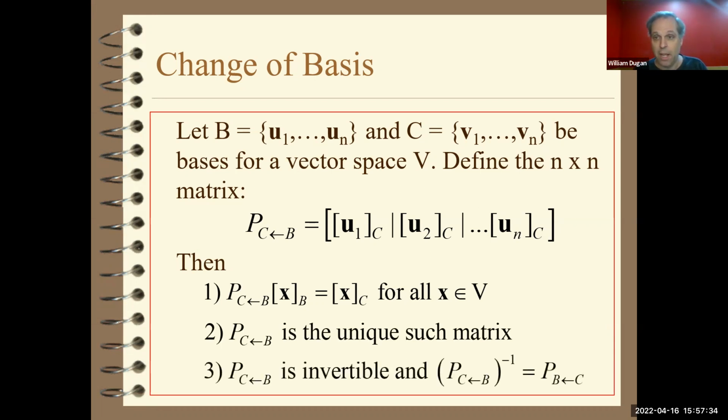And lastly, not only is this matrix the only one like it, but it's also invertible. And what's really cool is that the inverse of this matrix is also a change of basis matrix. It just converts the vector's coordinates relative to C back to the coordinates of x relative to B. So this is a very important thing, and we should really quickly prove it.